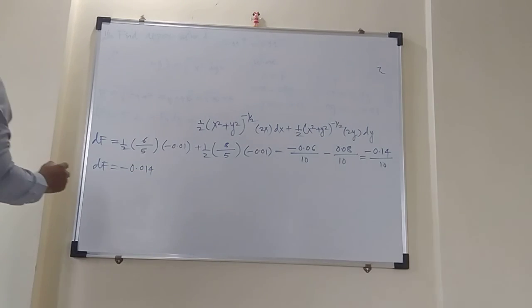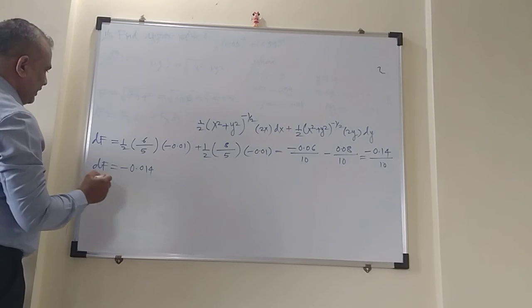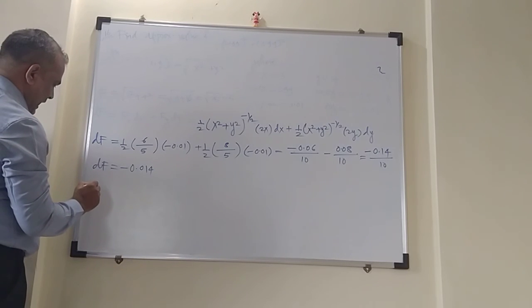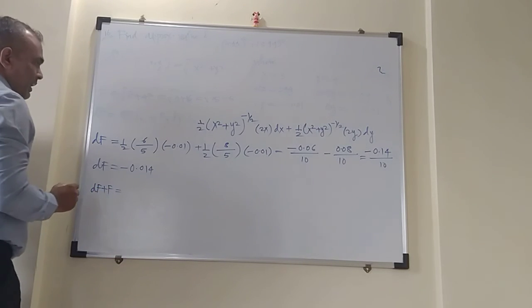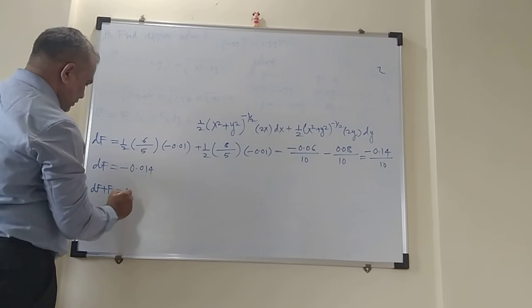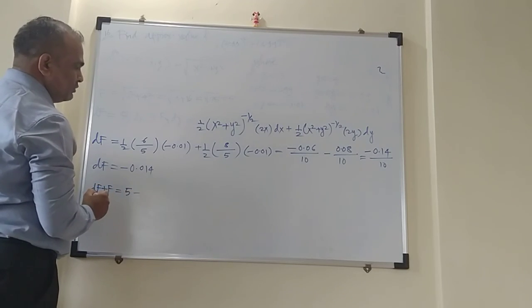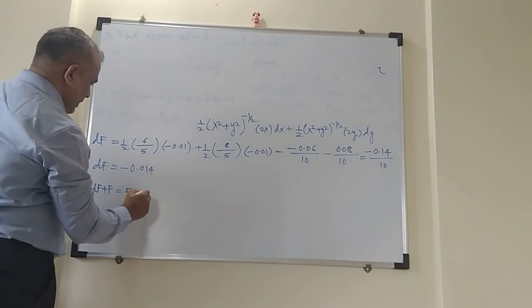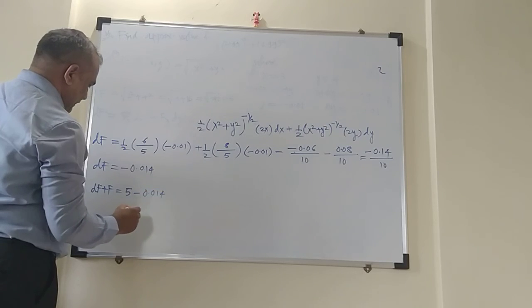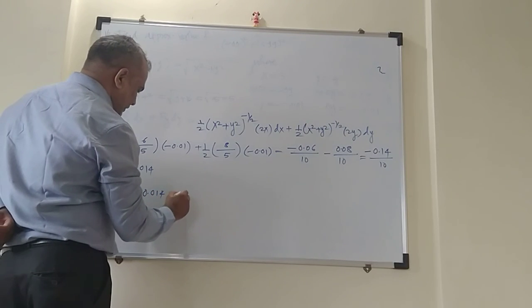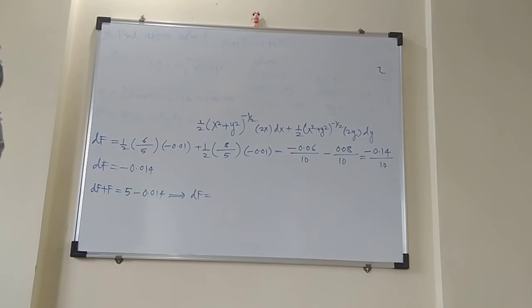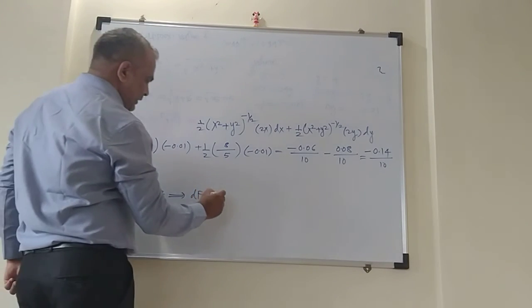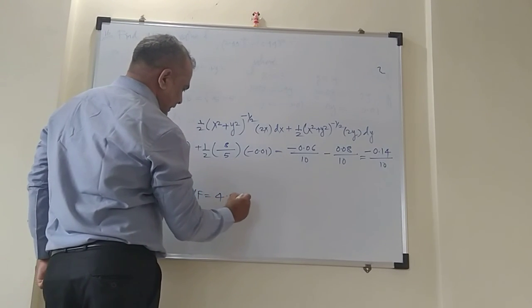Now the approximate value of your given function can be calculated as f plus df. What is the value of f? f is equal to 5, and df is equal to minus 0.014, and if you calculate this value you will get 4.986.